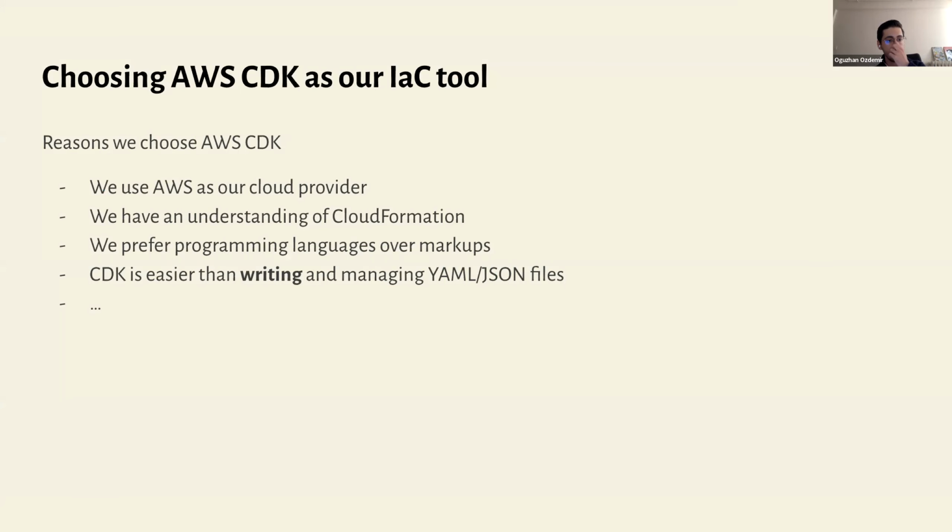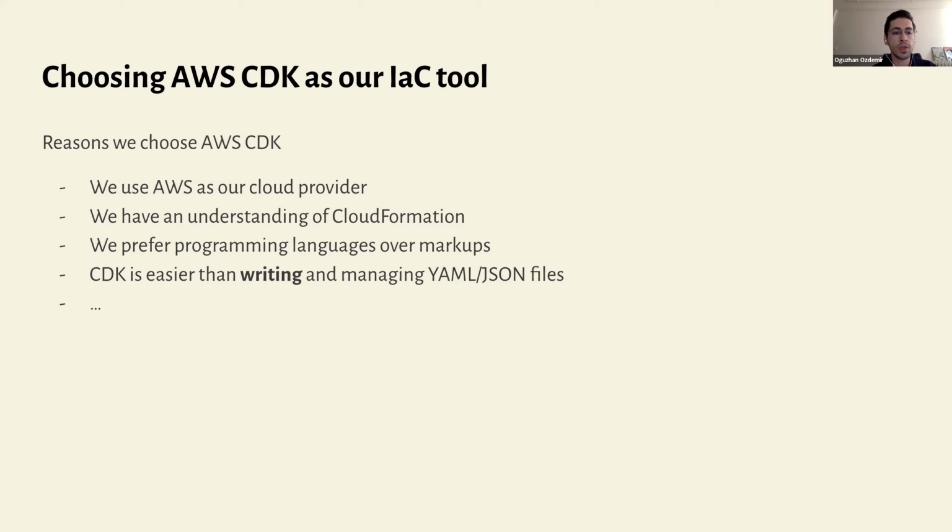And before I talked about what the market offers as an IAC tool, and the reason we choose AWS is that we use AWS as our main cloud provider, and we are an AWS technology partner. We are also working with AWS on the AWS Lambda partnership side.